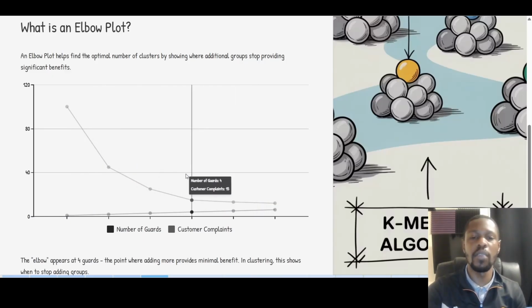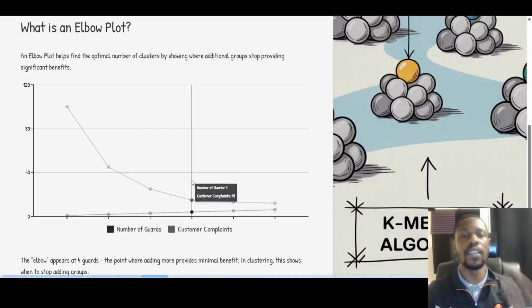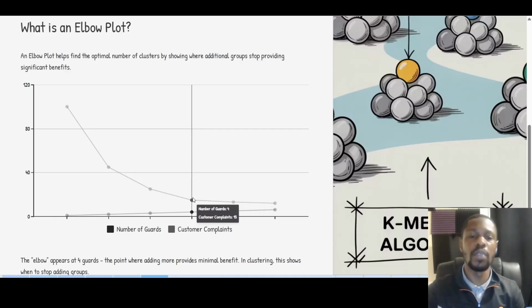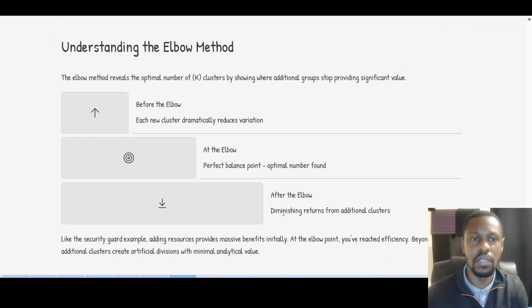So at the point of the elbow, where the data then begins to become flat and there's no longer a benefit to adding in another grouping, then this is the optimal number of what we would call K. So we can see that the elbow appears at 4 guards. This is the point where adding more provides very minimal benefit. So in clustering, this shows when to stop adding groups. Okay? And so that is the elbow method we can use to find the number of K.